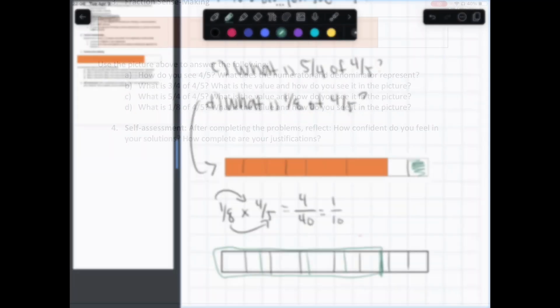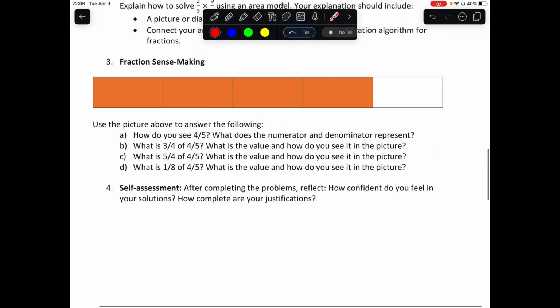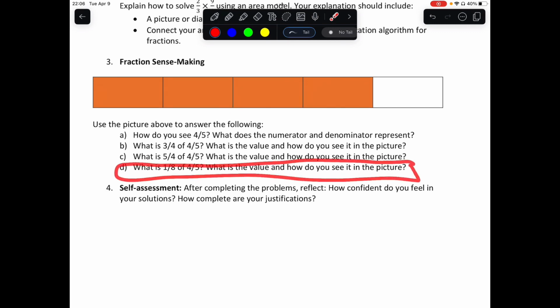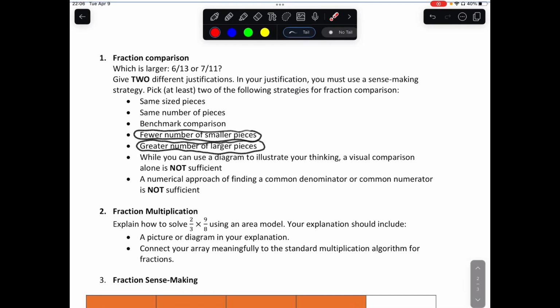So yeah. Moving on to our self-assessment. After completing the problem, reflect. How confident do you feel in your solution or your justification? The only ones that I'm feeling really not so sure about is most likely D of number 3 and possibly these two.